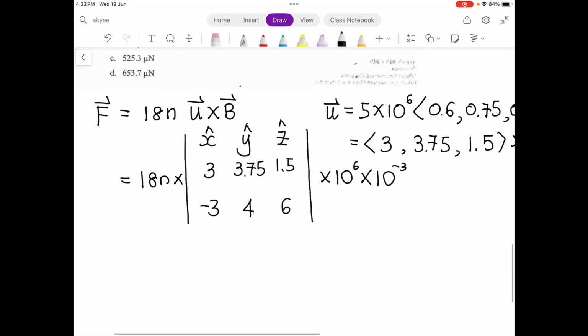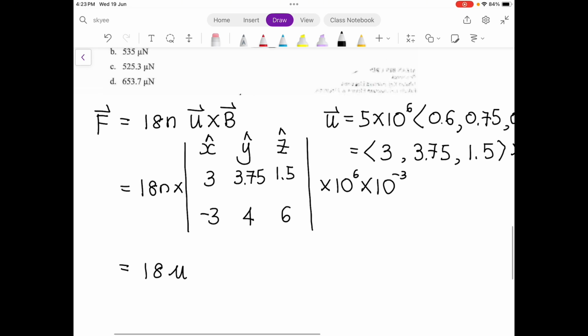You can use a calculator or do manual calculations. So this one will be 18, nano now becomes micro, power negative 6, and you can use a calculator to do it.